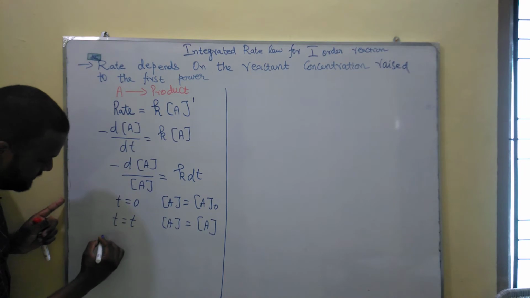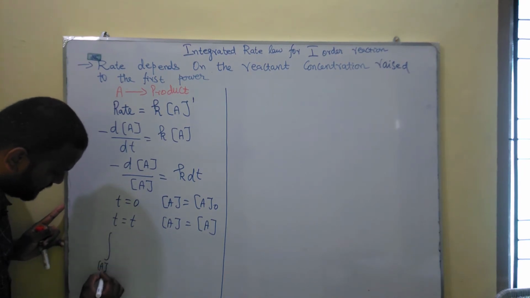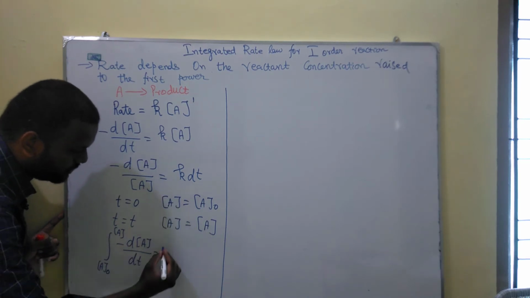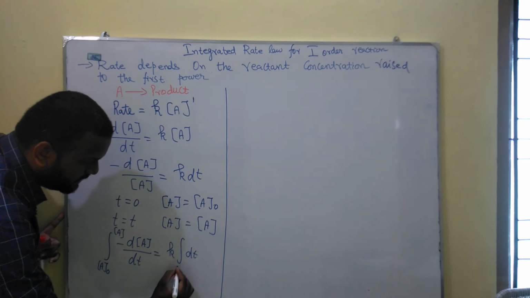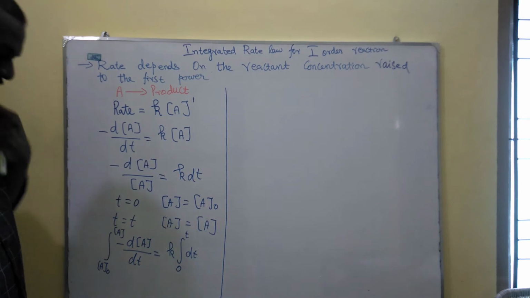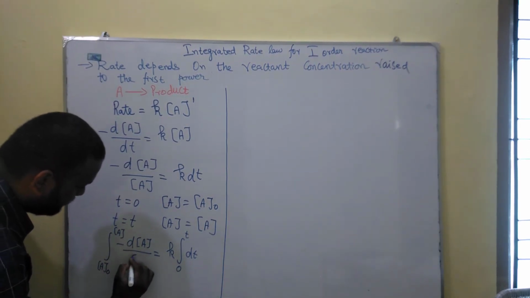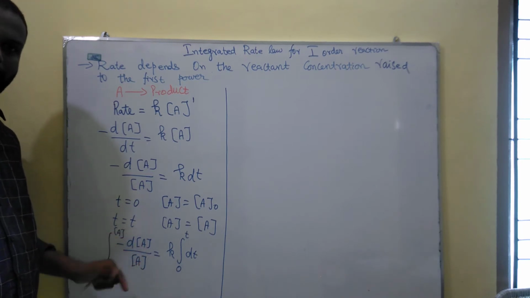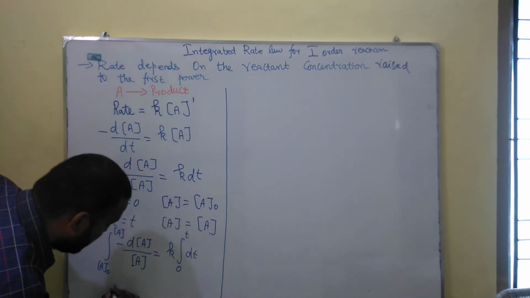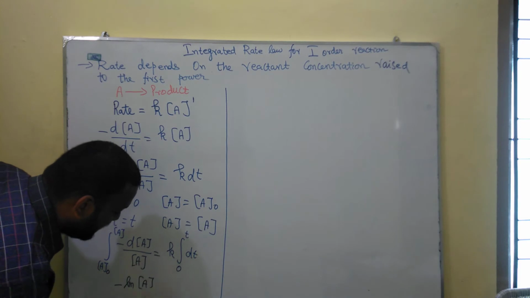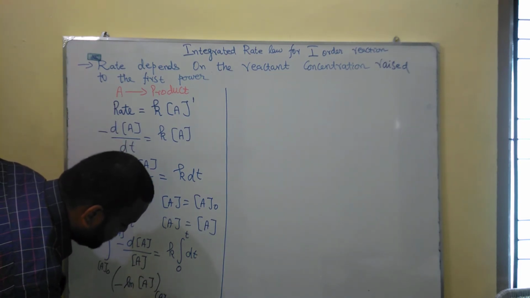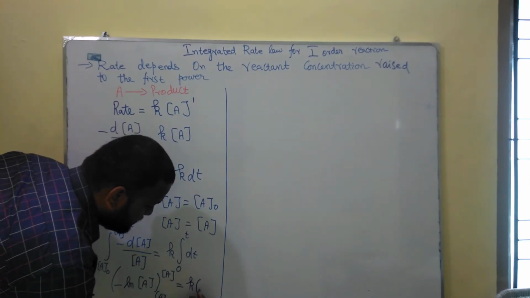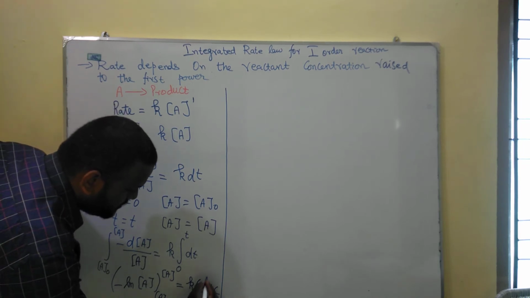So we are going to integrate this expression, concentration of A0 to concentration of A of minus dA by A, which is equal to K, a constant, dt, when t is equal to 0 minutes to a particular time t minutes. For 1 by A we have to take the integration, that is ln A. So this equation has the minus ln A with the limit A0 to A. Here K dt, that integration gives K t plus integration constant C, with limit 0 to t minutes.